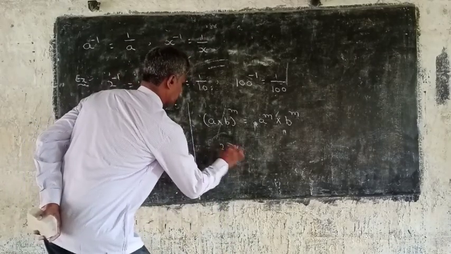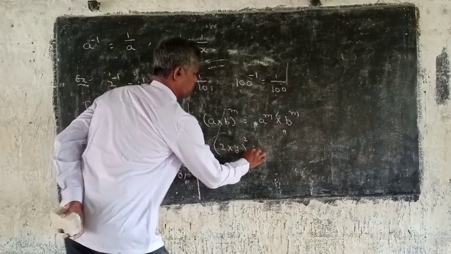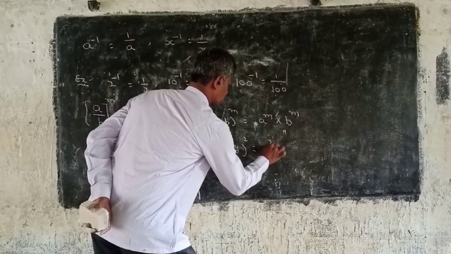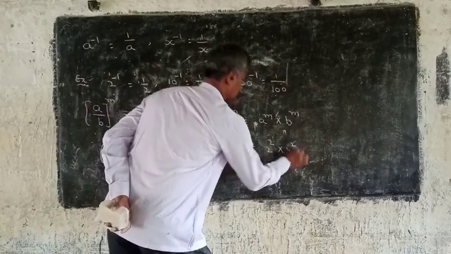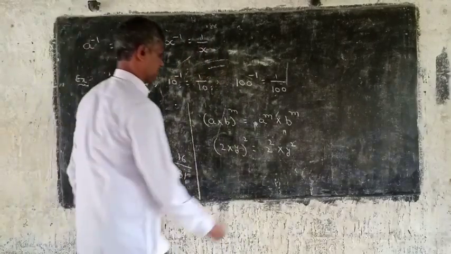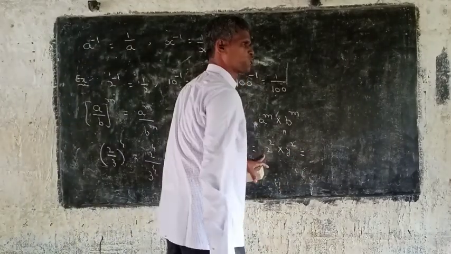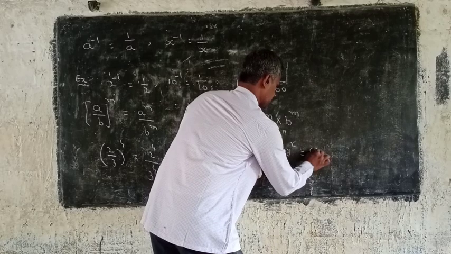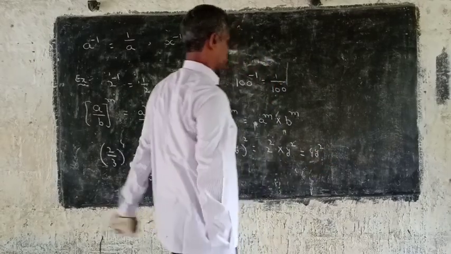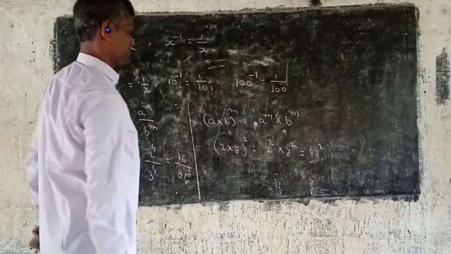(2 into y) whole square equal to 2 square into y square. 2 square means 2 2s are 4, y square means y square. That equal to 4y square.